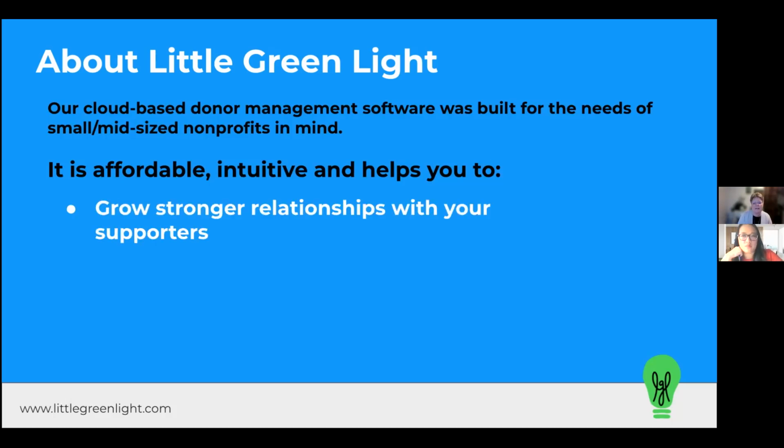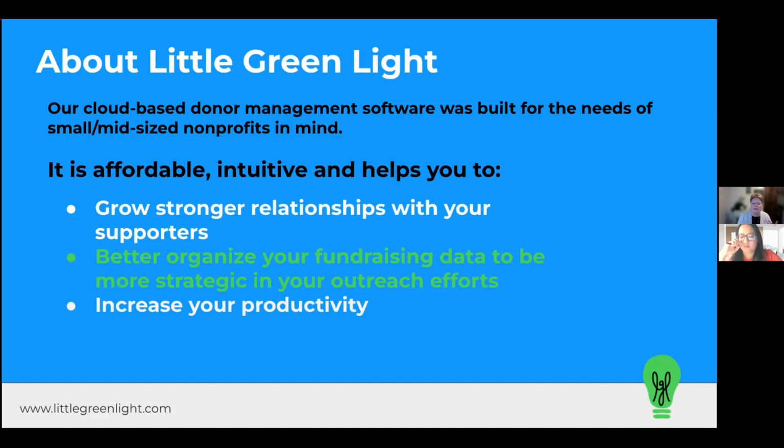So the key things that we were trying to do when we created Little Green Light was to create a system that would help you to build and grow strong relationships with your organization's supporters and help you to better organize the fundraising data that you're maintaining so that you can really be more strategic in your outreach efforts and be more effective. And lastly, we really wanted to give you a tool that was going to help you to increase your productivity and save you time.